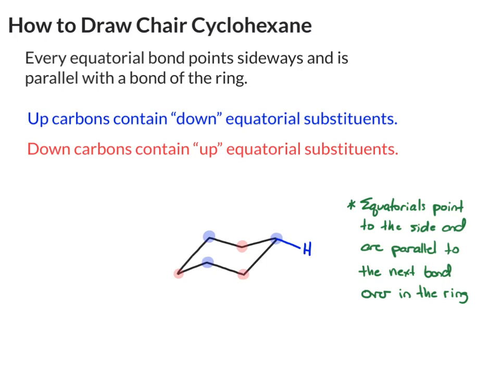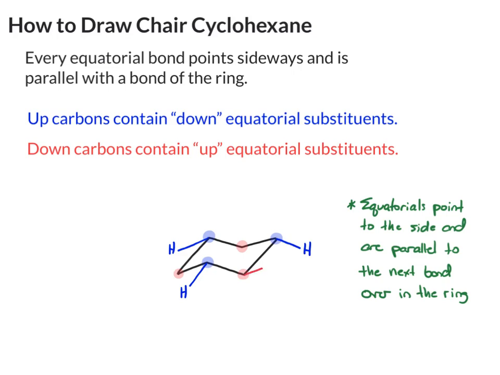Let's do this one on the top left. Draw it in. And this one here, draw it in. Now on my down carbons, I'm going to have the equatorials that point upward.